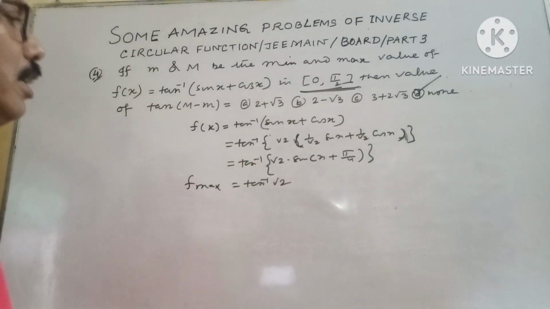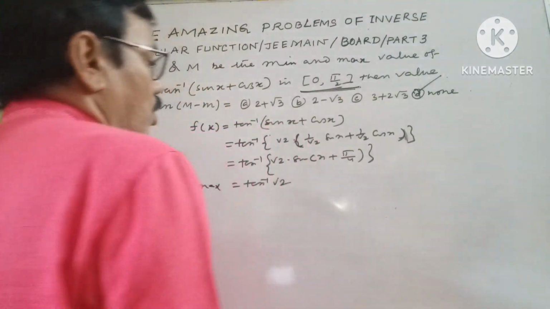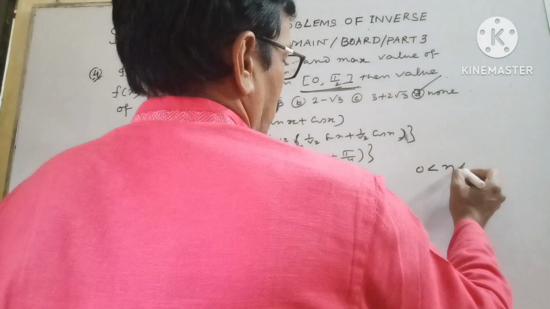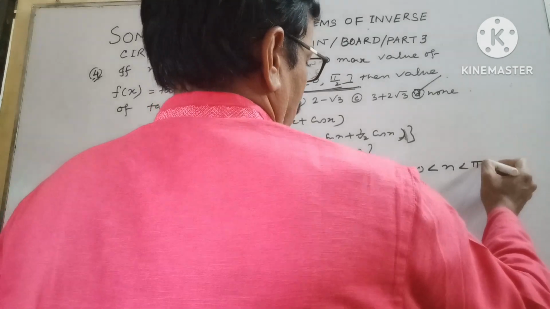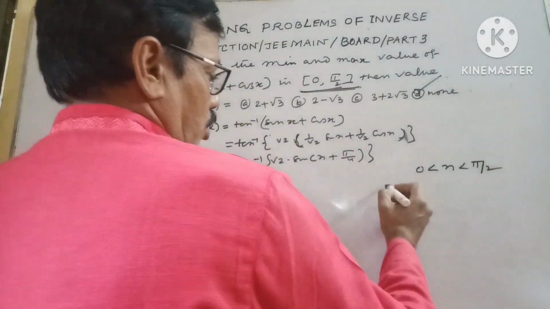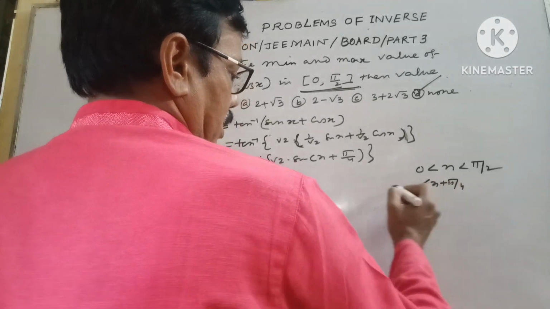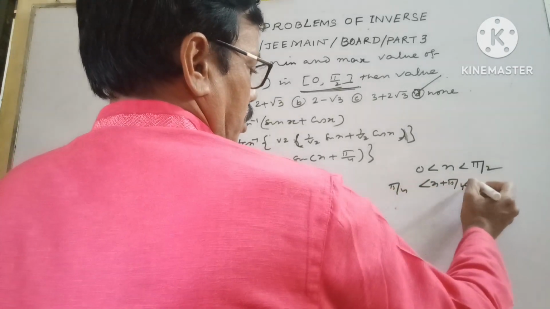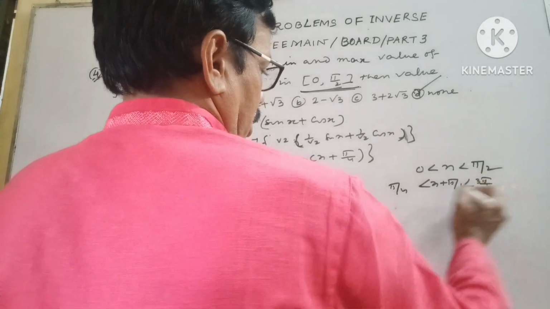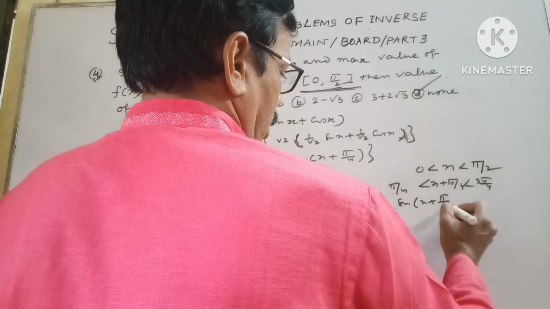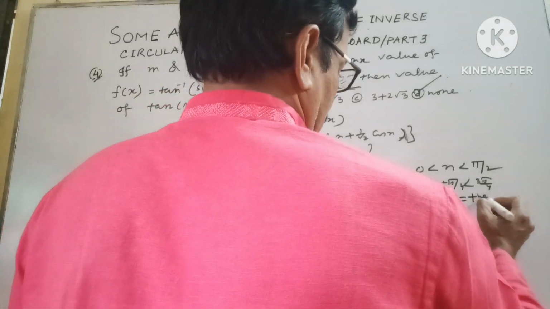But here one condition is given: x lies between 0 to pi by 2. So x plus pi by 4 lies between pi by 4 to 3 pi by 4, so sin(x + pi by 4) is positive.